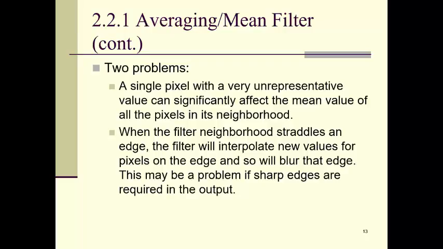So here we say that when the filter neighborhood straddles, or crosses, an edge, the filter will interpolate new values for the pixels on the edge, so it will blur that edge. What's the meaning of blurring the edge? This means that the edge will start to be hazy. Okay, instead of having a clear distinction or a clear contrast, the contrast will be reduced. Okay? And this may be a problem if sharp edges are required from the output. Okay? So these are the two problems of the averaging or mean filter.